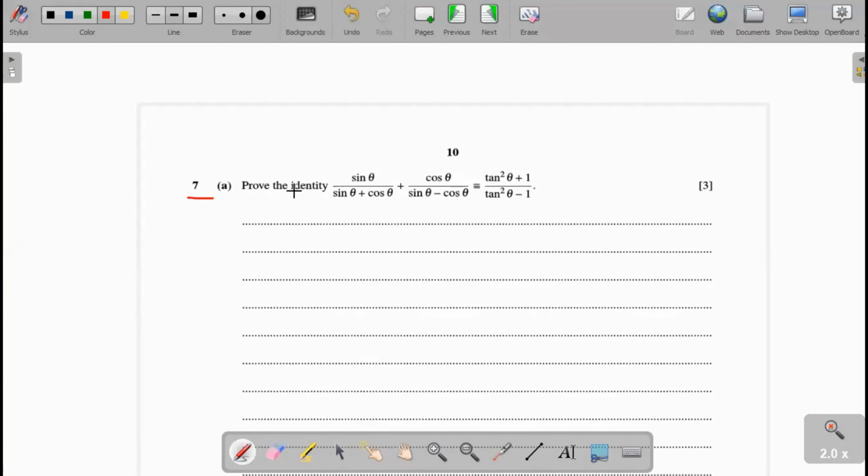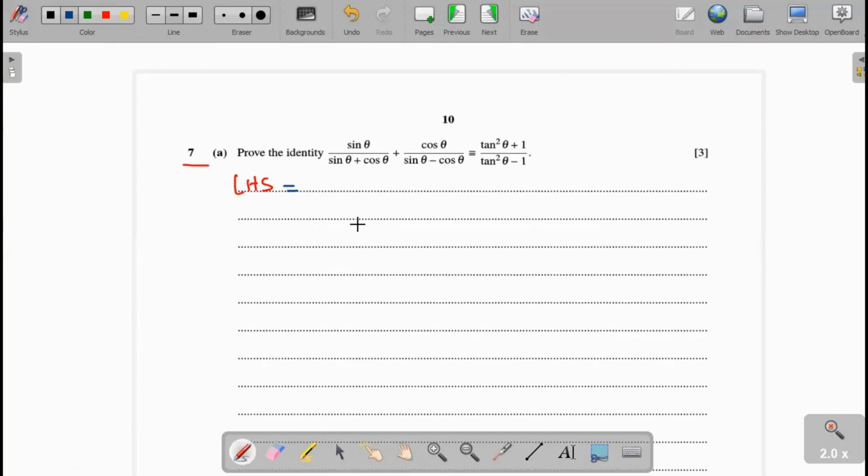Question 7, part A: prove the identity sin theta over (sin theta plus cos theta) minus cos theta over (sin theta minus cos theta) equals (tan squared theta plus 1) over (tan squared theta minus 1). Now we take the left hand side. We take the LCM of this, (sin theta plus cos theta) into (sin theta minus cos theta).